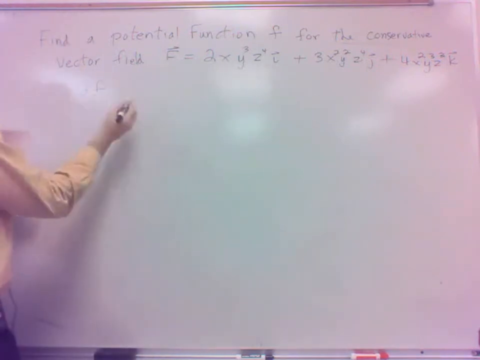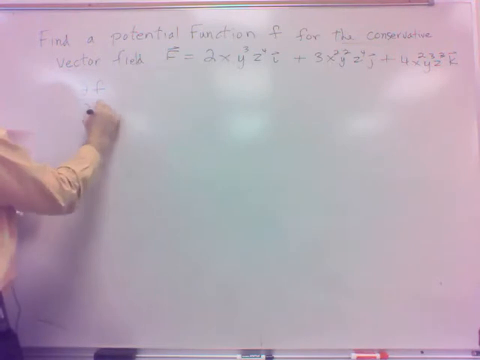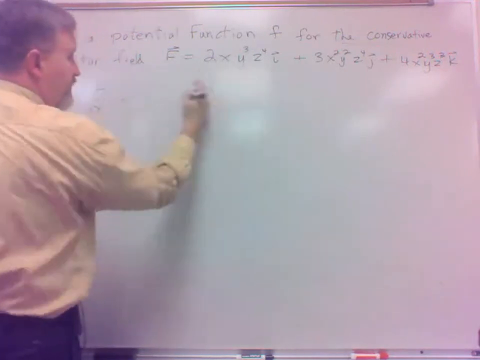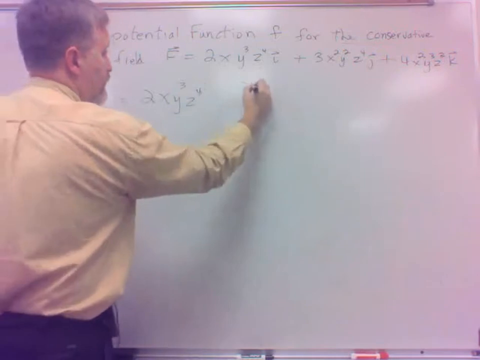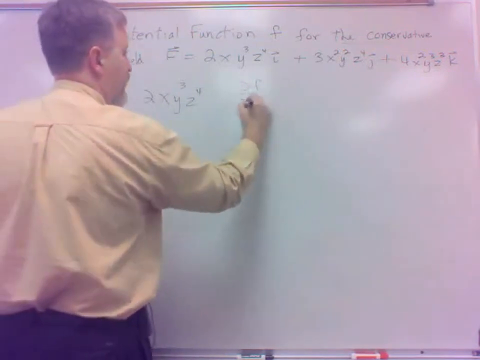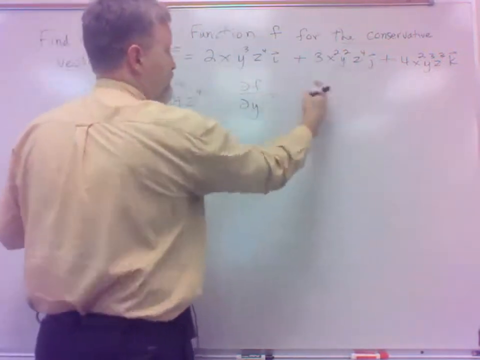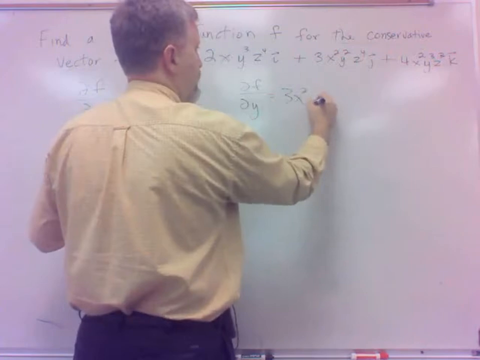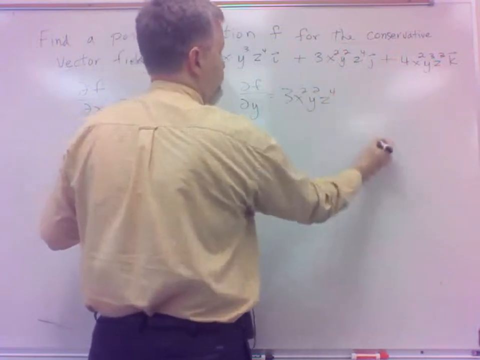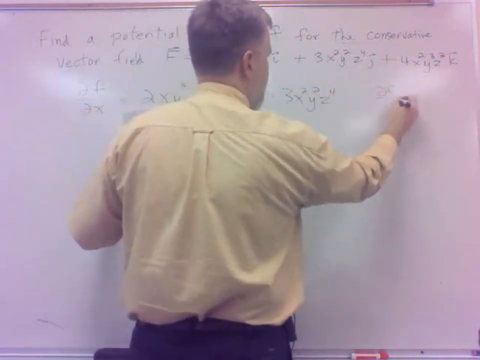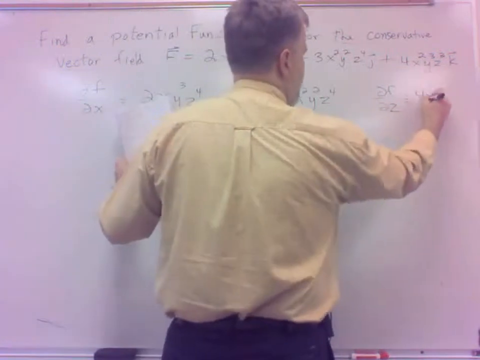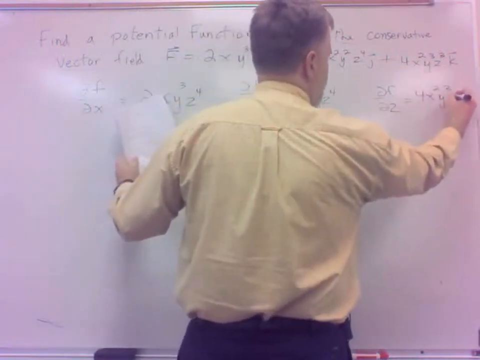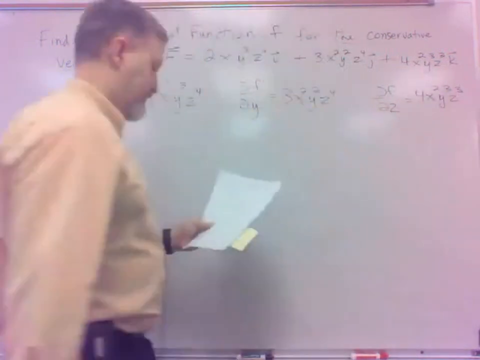So our potential function, little f, the partial with respect to x equals the i component, 2x y cubed z to the fourth. The partial of f with respect to y equals the j component, 3x squared y squared z to the fourth. And then the partial of our potential function with respect to z equals the 4x squared y cubed z cubed. Okay.